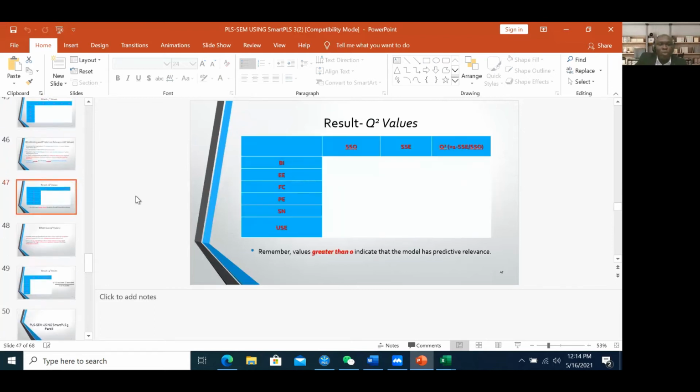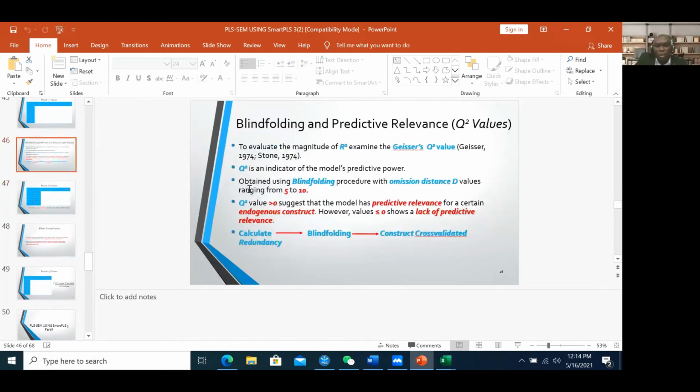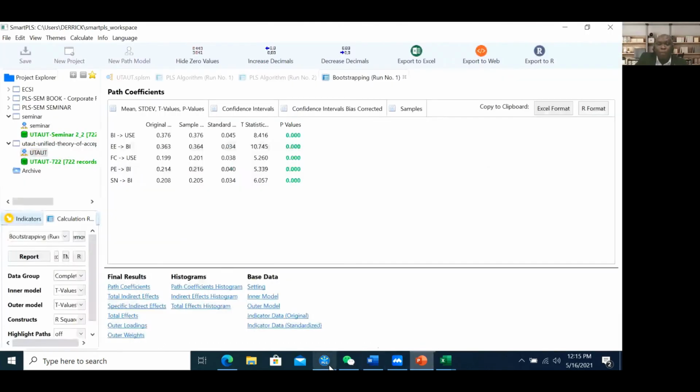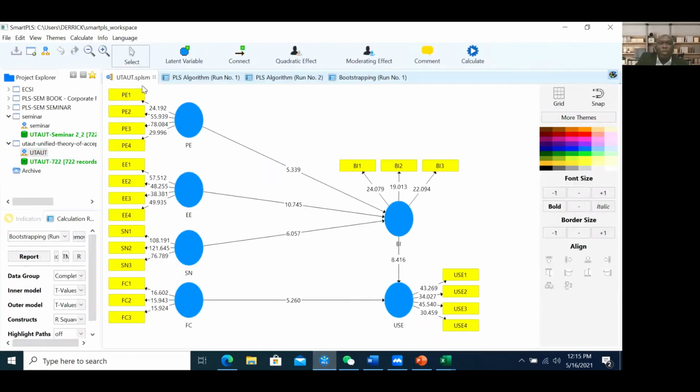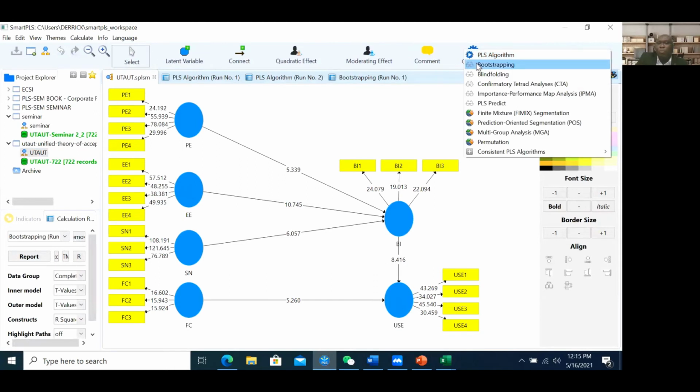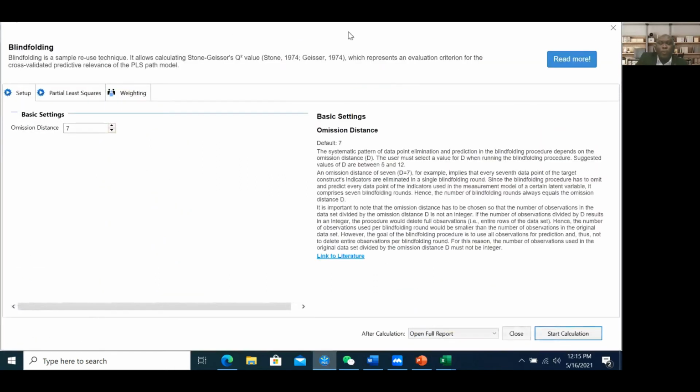So the Q squared, basically, you obtain that when you perform what we call the blindfolding. So we come back to our PLS software. We click on the path model. We come to calculate and choose blindfolding. All right. Now, the omission distance, the default is 7.